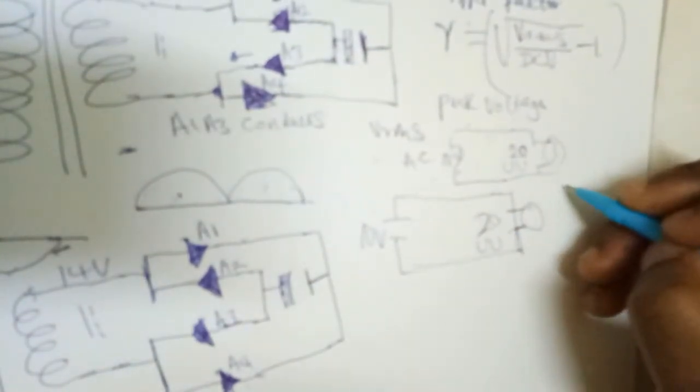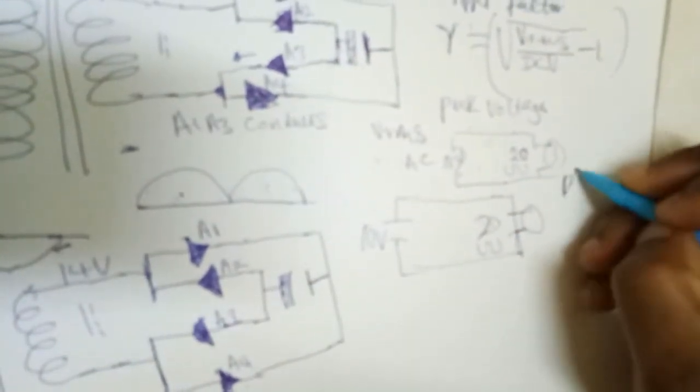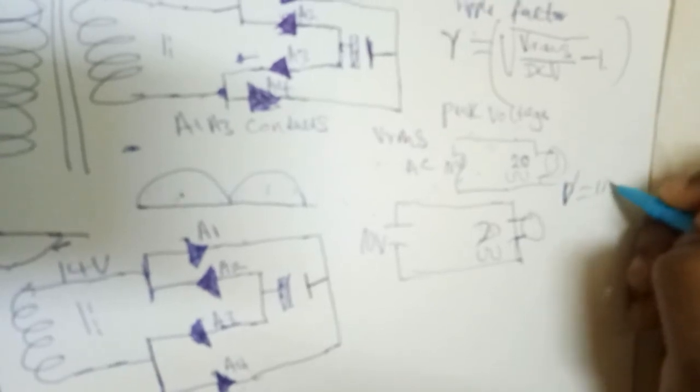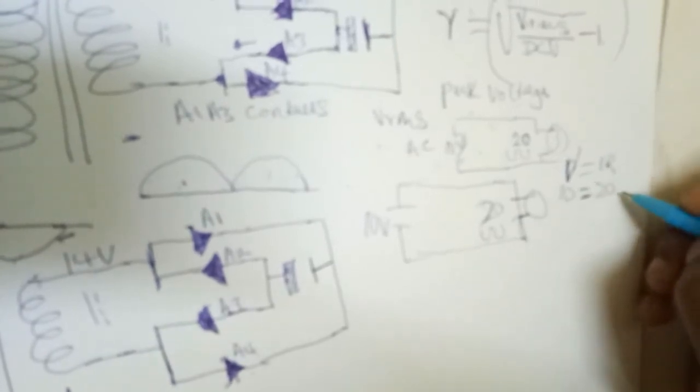So let's see if we can calculate the power. V equal to IR. 10 is equal to 20I.